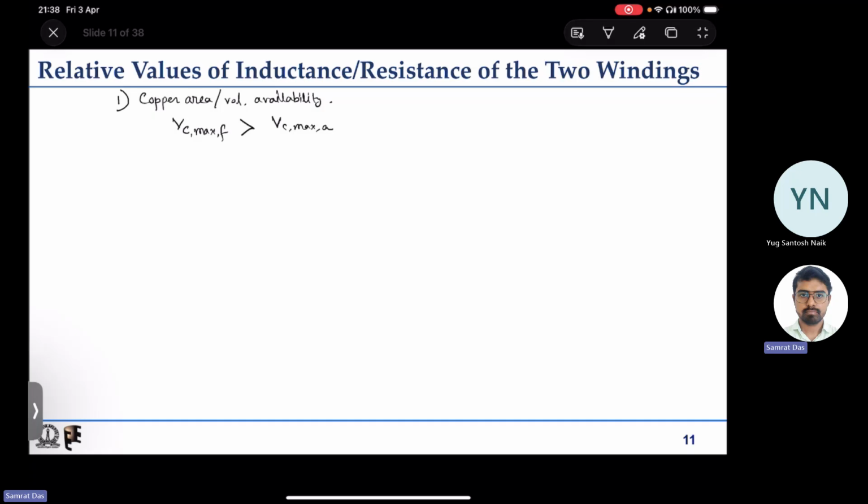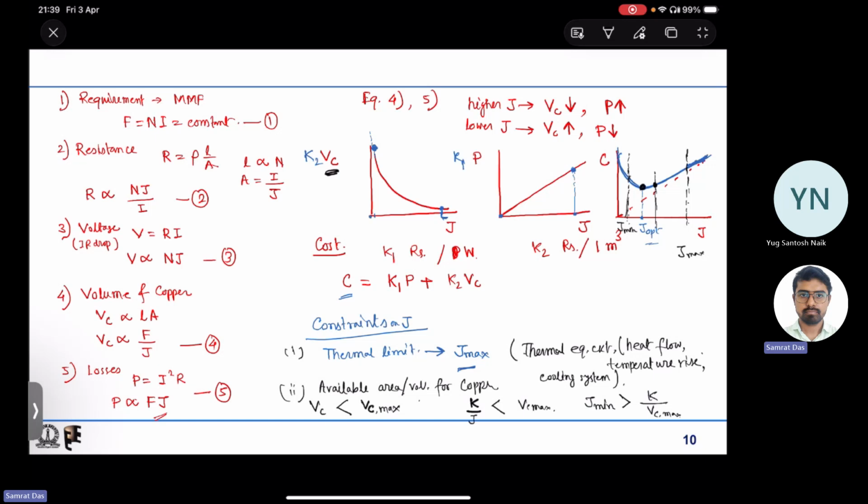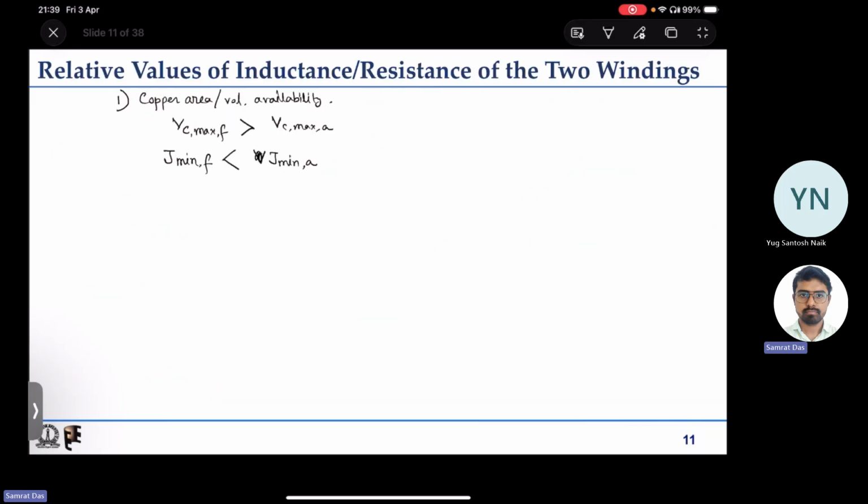So obviously the J minimum for field will be quite low compared to the J minimum that you can have for armature. That is directly coming from this relation that we have derived, that J minimum is inversely proportional to the VC max. So J minimum of field winding is quite low compared to J minimum of armature winding.